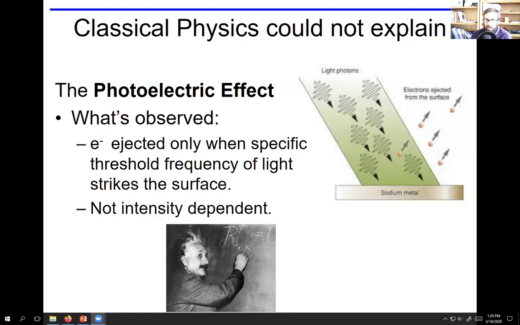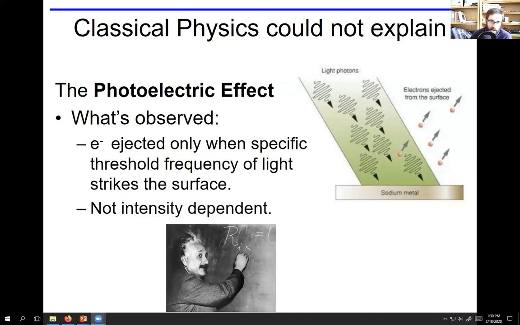And that is because different colors of light have different energies. So in this case, you have to use a higher energy color, like blue light or ultraviolet light, that has more energy. And then even if you're shining a really weak ultraviolet laser or really weak blue laser, because the photons, the particles of light in that laser, have more energy in each particle, you will get some electrons ejected, regardless of the intensity.